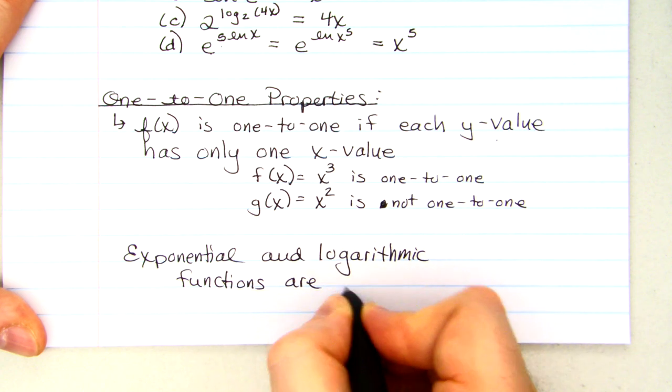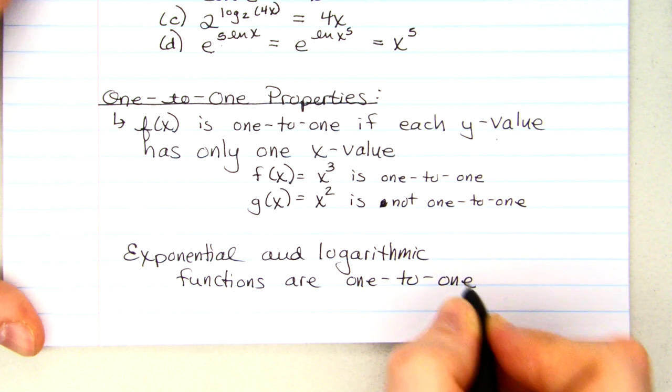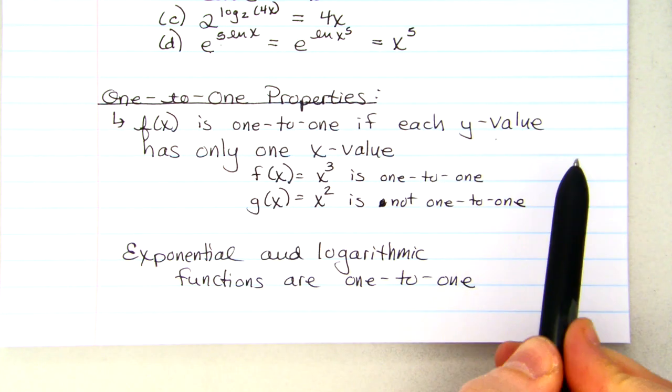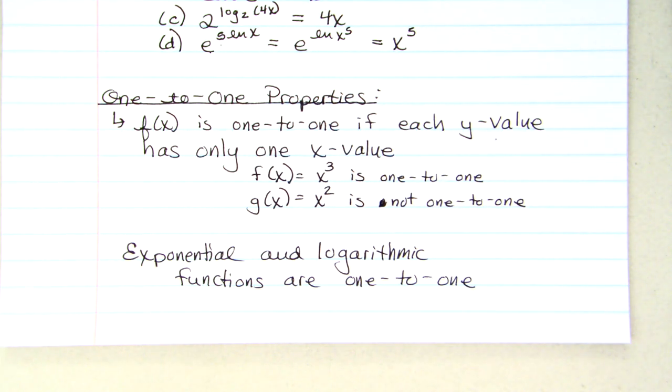If you know the y value, there is only one x value that's going to work for that y value. This is sort of the opposite of our function definition. Every x has only one y. Here, every y has only one x.